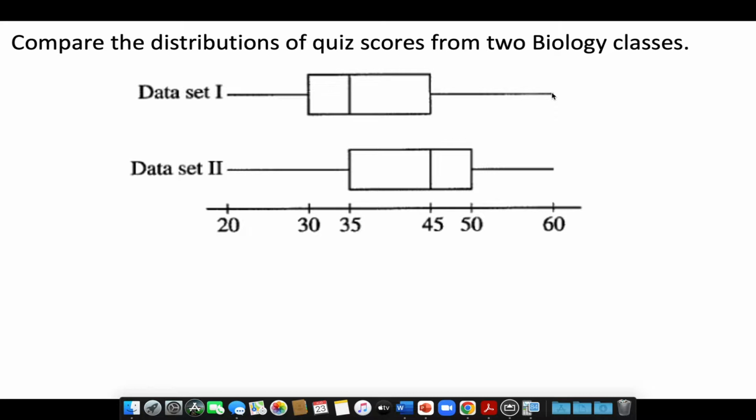Where are the low bars? 20 to 35 are low because there's a lot of spread there, right? Okay, what about 35 to 45 and 50 to 60?